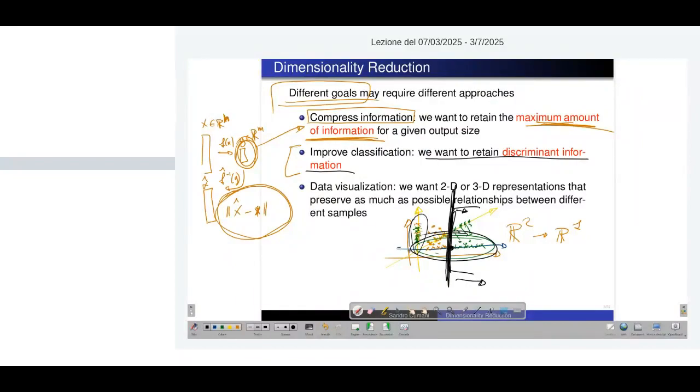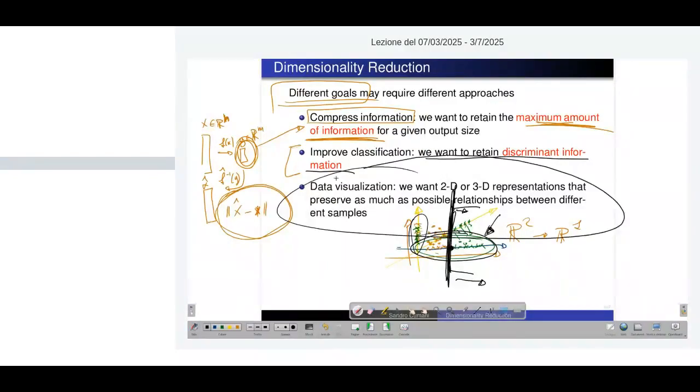Over this direction, there is little information that can be used to separate these two classes, and I keep only a representation that is low-dimensional, but contains the discriminant information that I'm interested in. So it preserves discriminant information in a more compact representation.